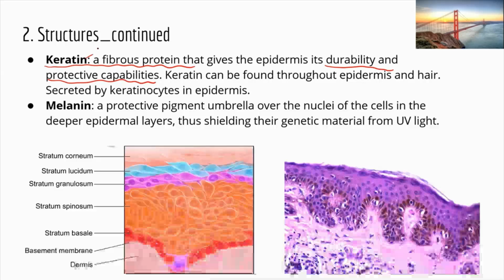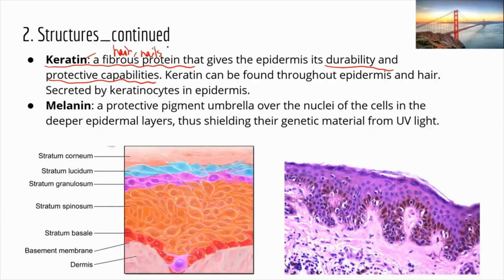Now, keratin is also found in hair and nails. So basically, keratin is a very tough protein that can be very protective of the underlying structures. So this is why your skin can be protective, because the cells contain keratin. And then the derivative structures like hair and nails, they also have keratin.